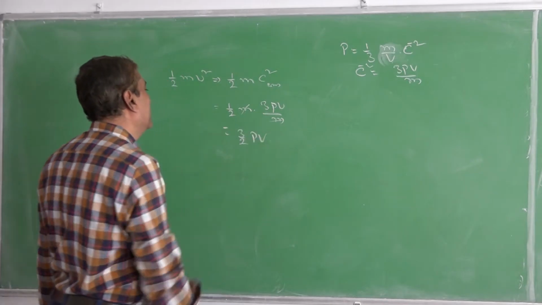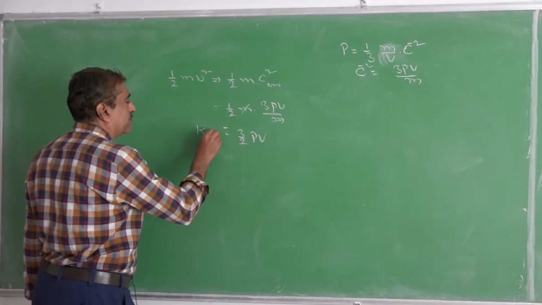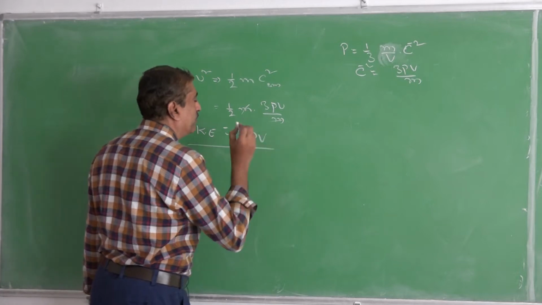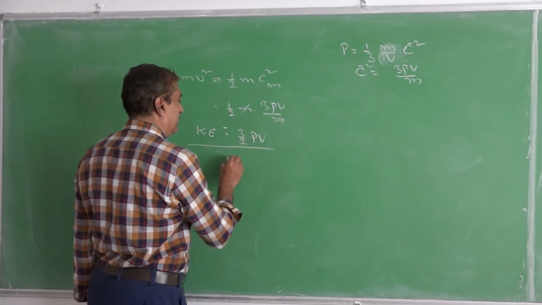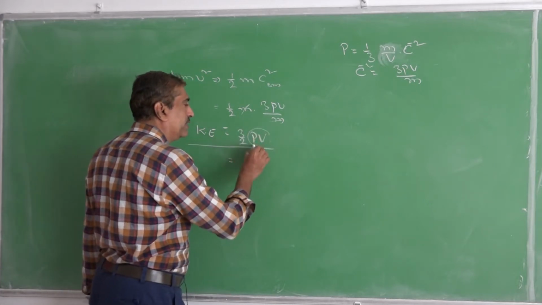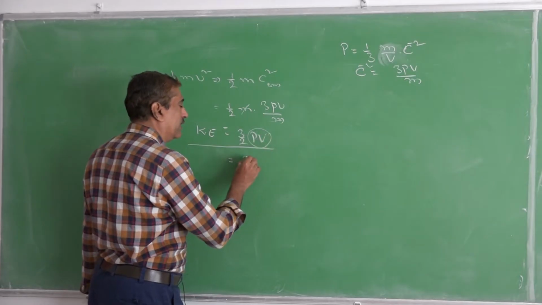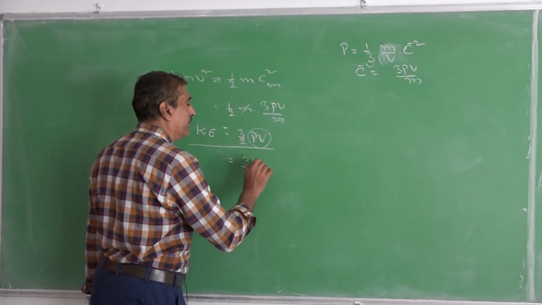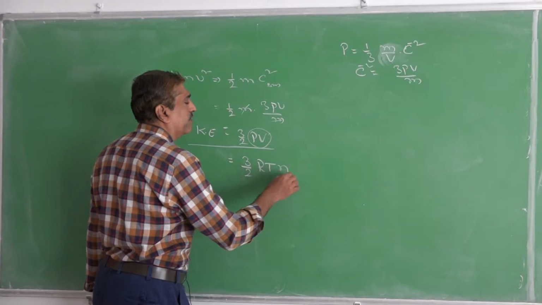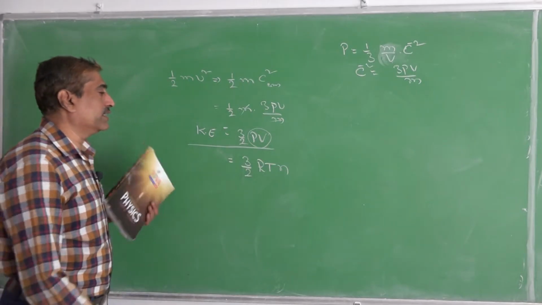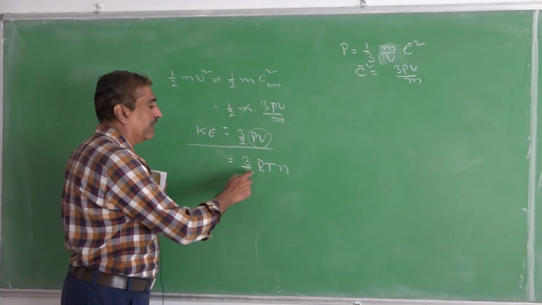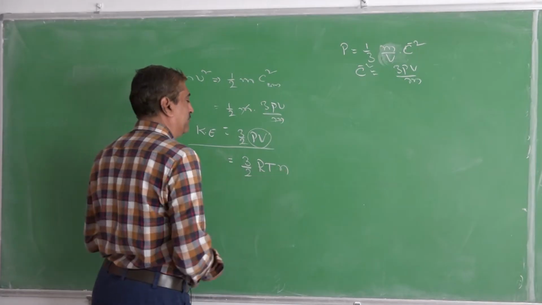So the kinetic energy of a gas molecule is given by 3 by 2 PV, or we can write PV equals RT for gas molecules. So 3 by 2 PV is nRT. If we consider n number of moles, then the total kinetic energy is given by 3 by 2 nRT.